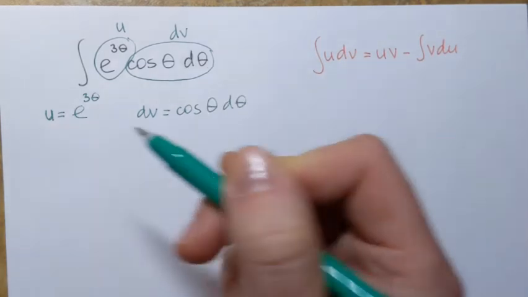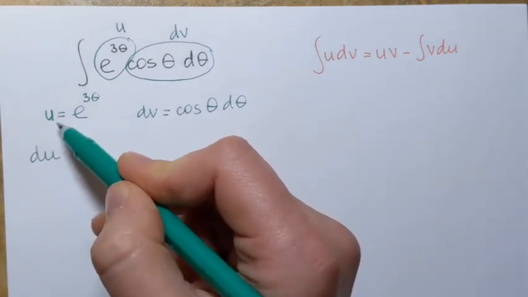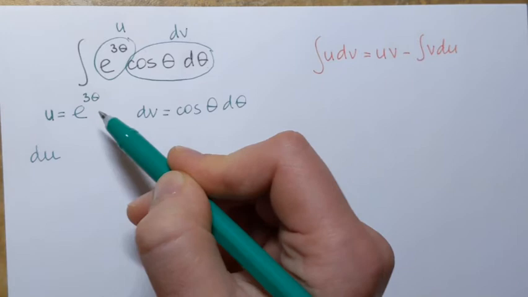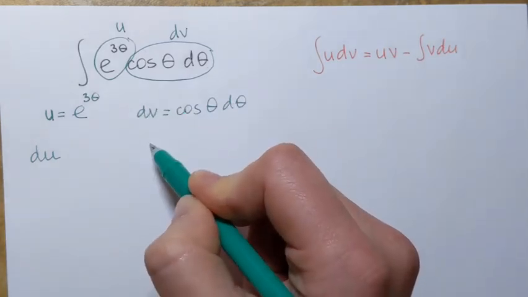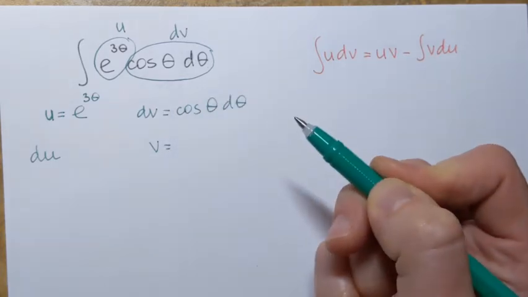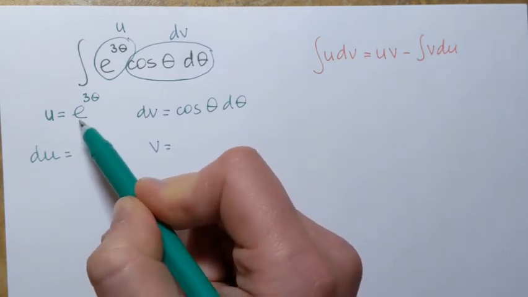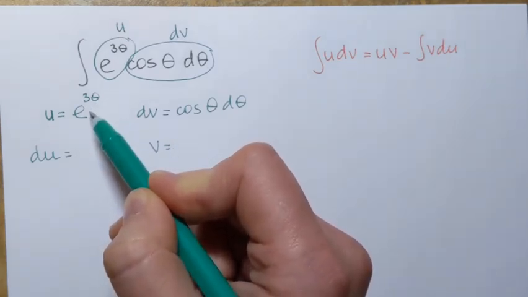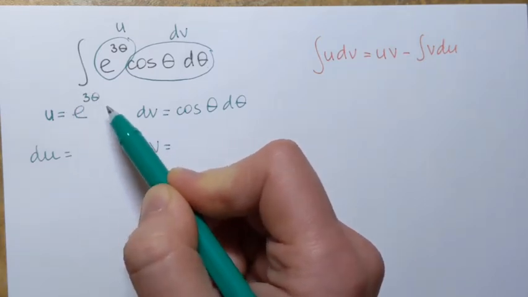From here we have to obtain du by finding the derivative of the right hand side, and from dv we'll have to obtain v by integrating the right hand side. So for e to the power 3 theta, we have to use the chain rule here, because it's a composition of functions.